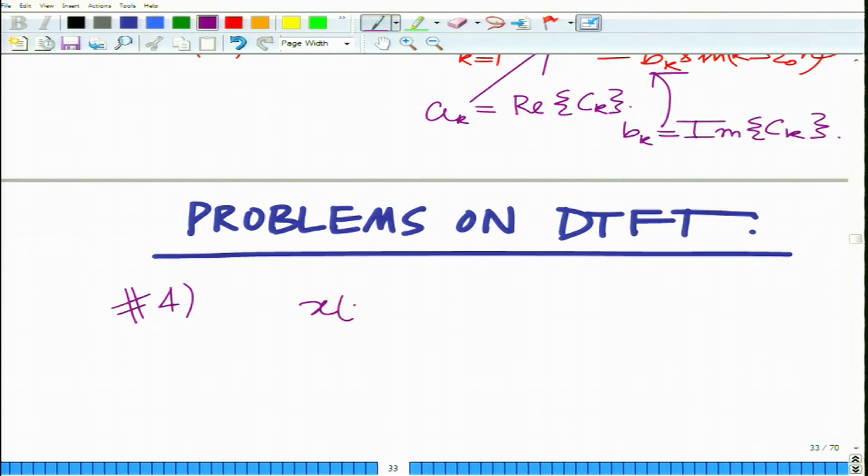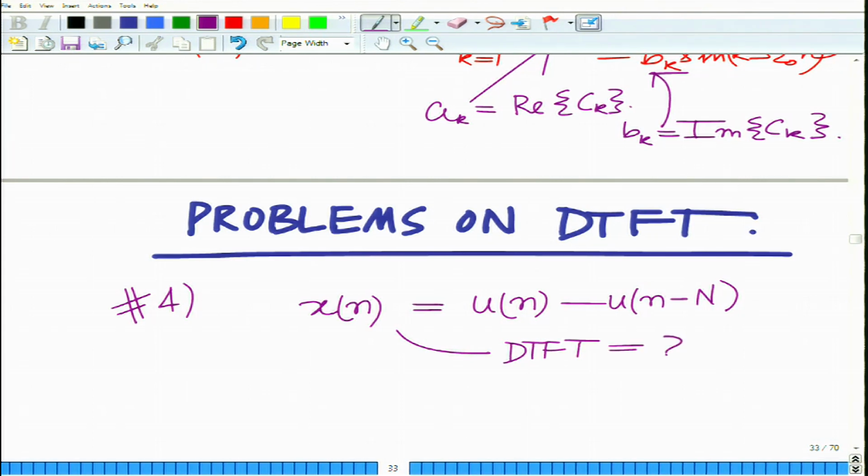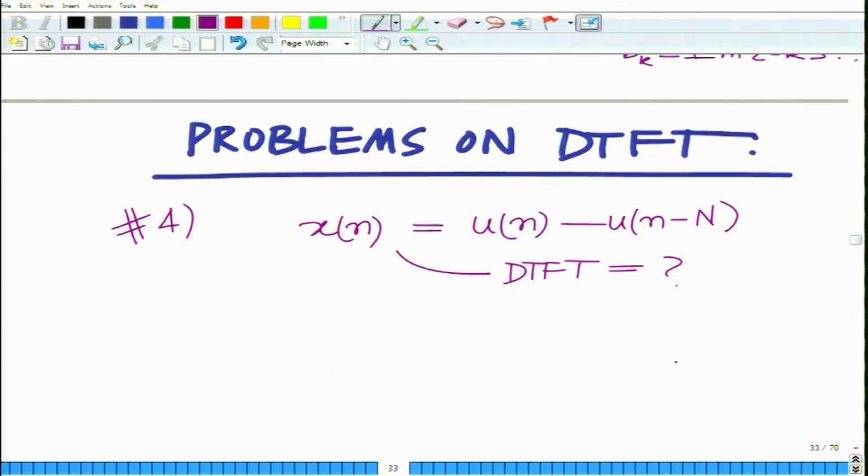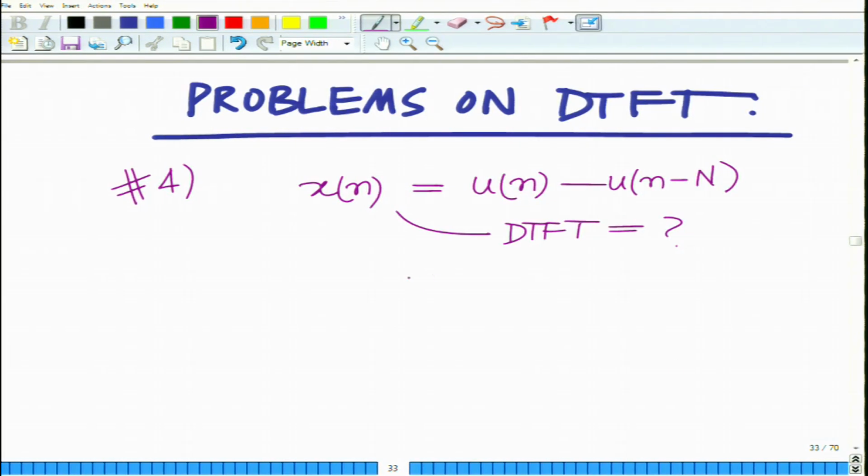Let us say x n equals u n minus u n minus N. What is the corresponding DTFT of this signal? So, this is u n minus n minus 1.